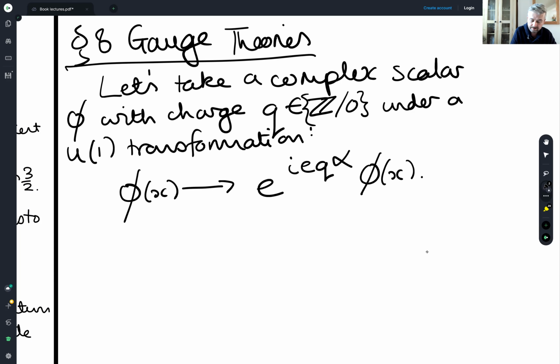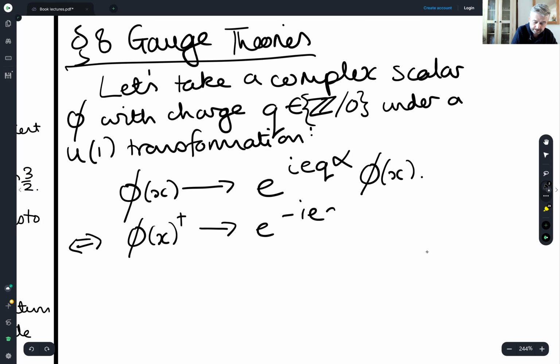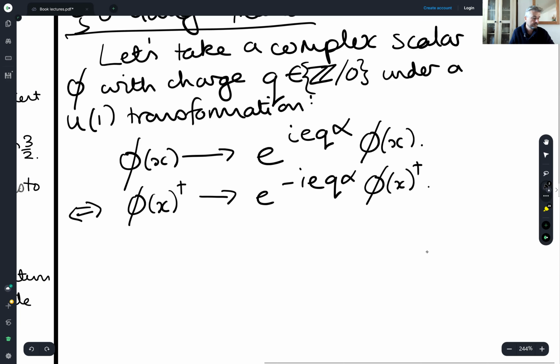Now, I put some additional symbols here, and we'll talk about those in a second. But this implies that phi dagger goes to e to the minus i e Q alpha phi dagger. So the idea here is that alpha is between 0 and 2 pi.